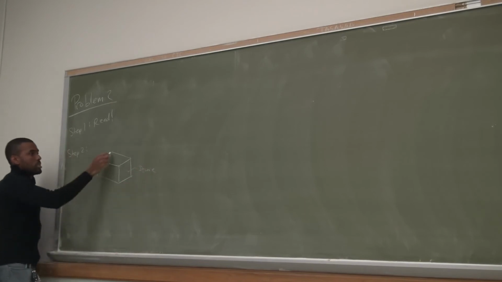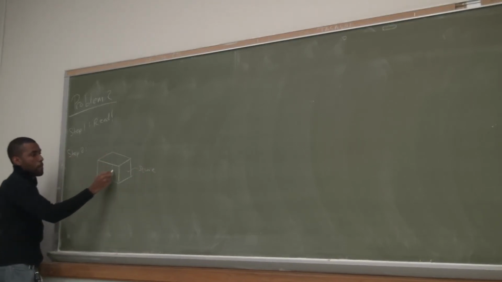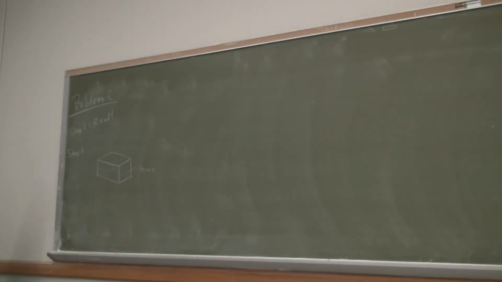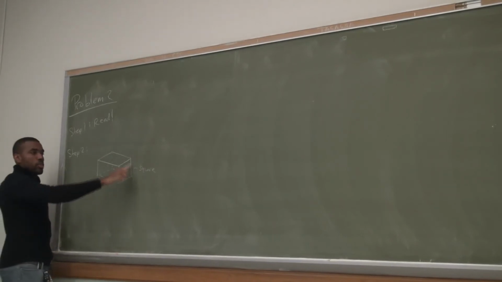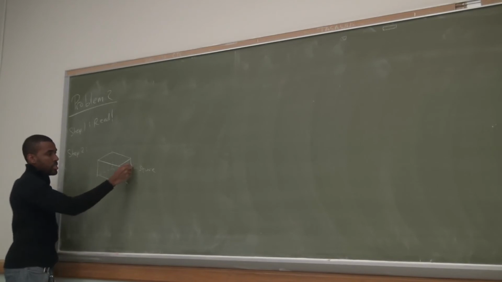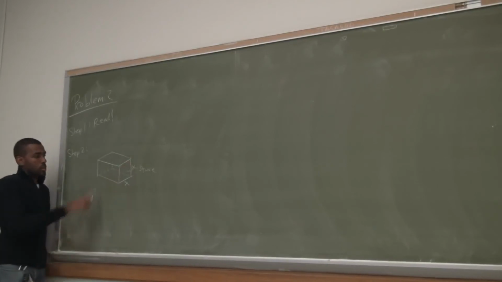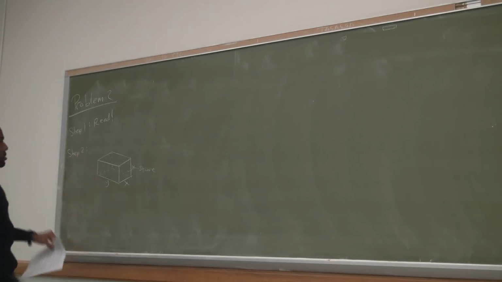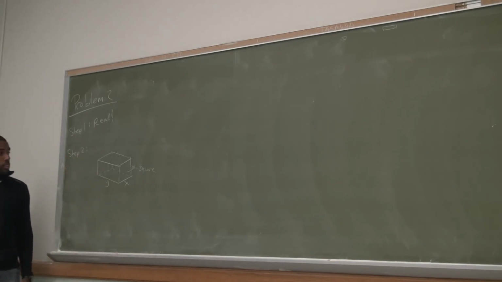And of course that side should be a square as well. So that means the length and the width of this should be the same. If I call this x, then this also has to be x. The length, I don't know what the length is, so I call that something else, y. So that's step 2, drawing a diagram.